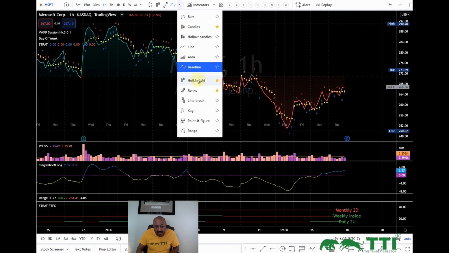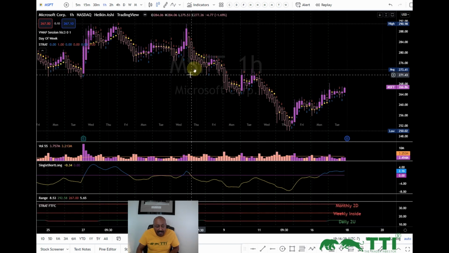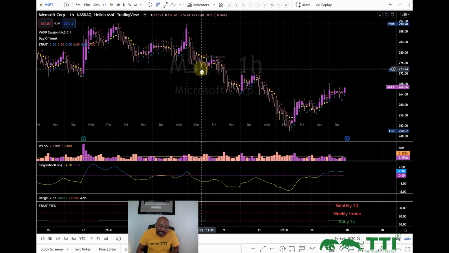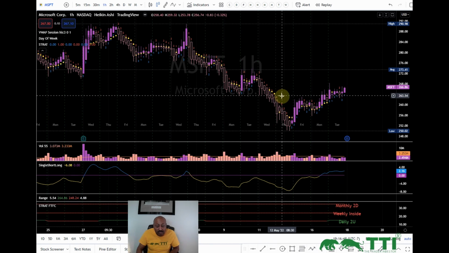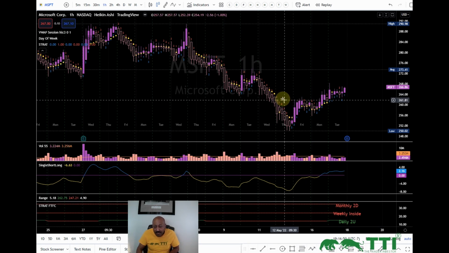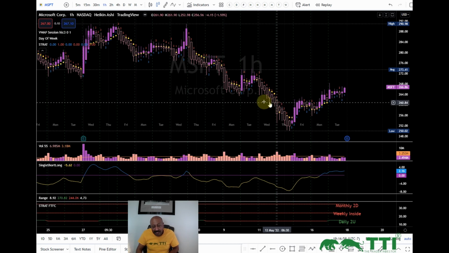There's another one that you'll hear very commonly used, called Heikin-Ashi. Heikin-Ashi is like a candlestick. It was also created by Japanese futures traders when they were trading commodities. The difference is how they calculate the open, the close, the high, and the low. I'm not getting into that lesson yet.